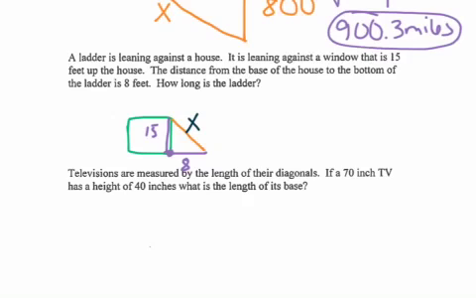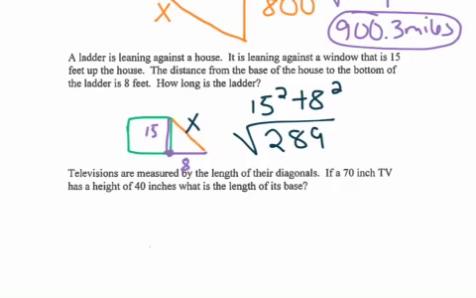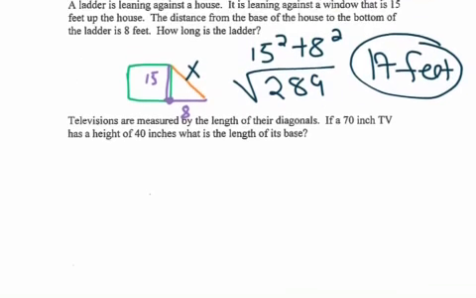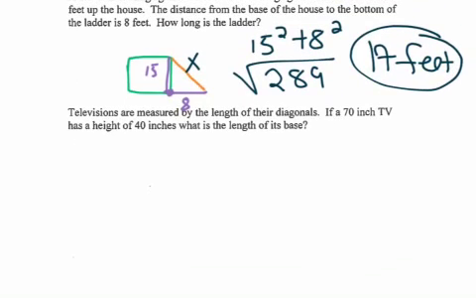I'm looking for my hypotenuse because I want to know the length of my ladder. So I would do 15 squared plus 8 squared. And I would get 289, and as always the square root is my final step, and I would get 17 as my answer, so 17 feet. Like I told you, drawing pictures is going to help you tremendously when you're answering these questions.